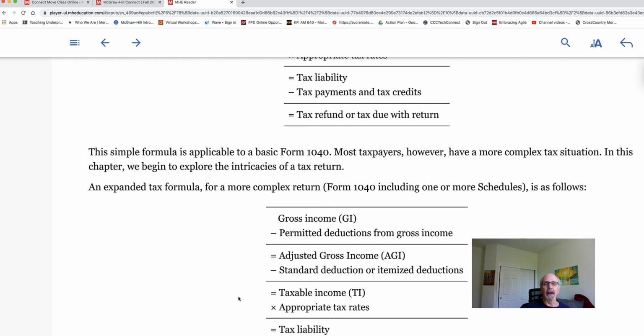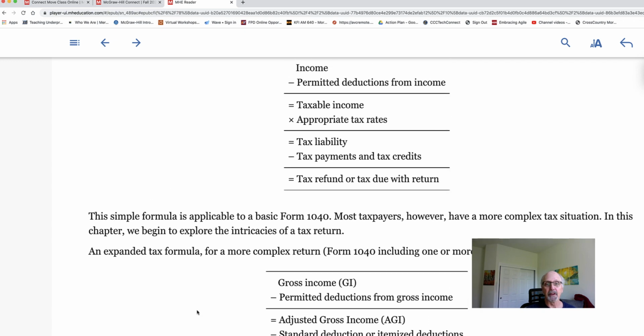We're going to subtract from AGI the standard deduction or the itemized deductions, depending on what you qualify for. And that gives us taxable income. The taxable income times the appropriate tax rate will give us the tax liability. So you can see how we expanded this considerably.